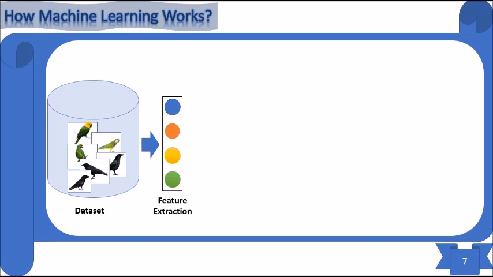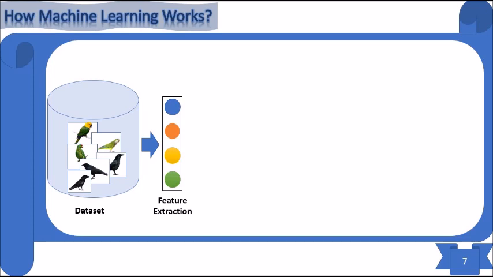For example, does the image show bird wings? Does it have eyes? If so, what is the size of those eyes? What about colors? How many legs does it have? Does it have a tail or feathers? Does it have a beak?